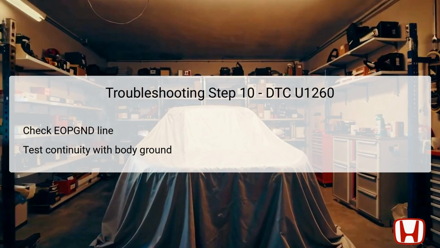If continuity is confirmed, the EOP-GND wire can be deemed healthy. However, upon discovering no continuity, it indicates the existence of a break in the circuit, requiring immediate repair of the wire between the auxiliary transmission fluid pump and ground location G201. This repair is critical to ensuring that ground references are accurate, as poor grounding could lead to communication issues and subsequent DTC occurrences.